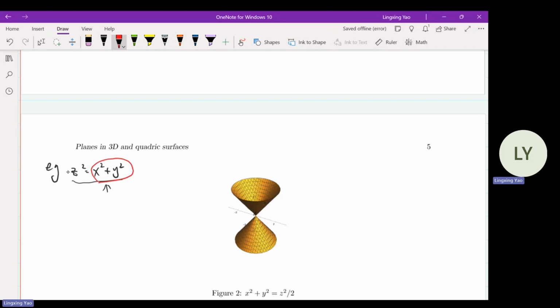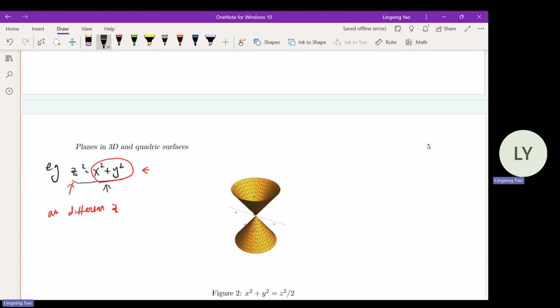But obviously, we're talking about equations and points in 3D, so what this means is that at a different height, you have a different size of circle. At a very small z, you have a really small circle. At a high value of z, you have a bigger circle. Then it is pretty much a cone kind of shape.